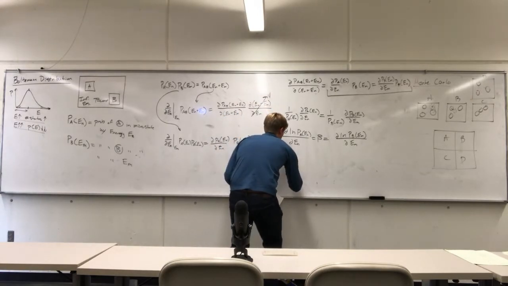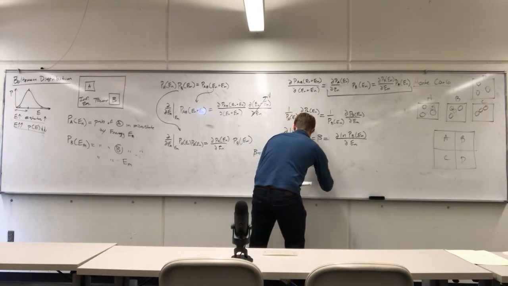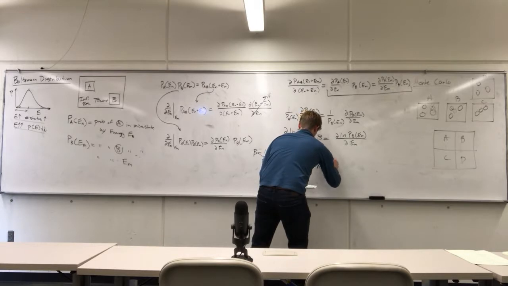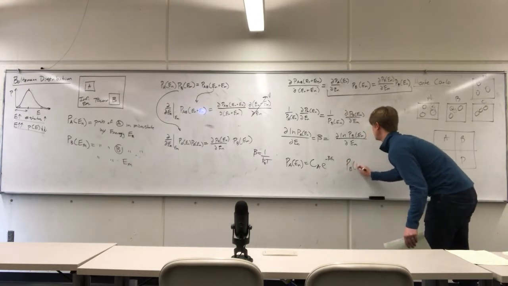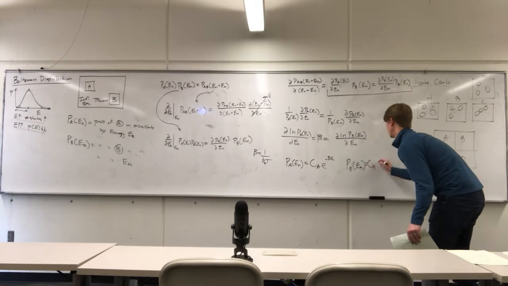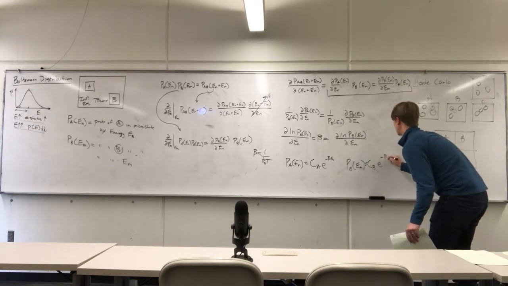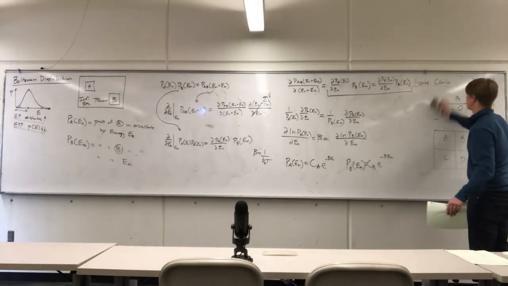In this case, the probability of subsystem A existing in state En is equal to a constant of integration times this, the probability of system B being in state M. And at this point, we don't really have to consider A and B at the same time. We'll just focus on A.